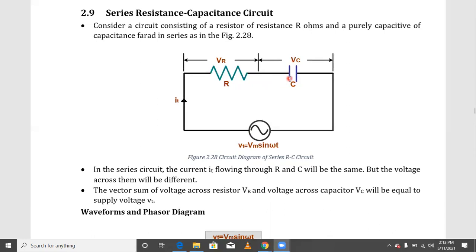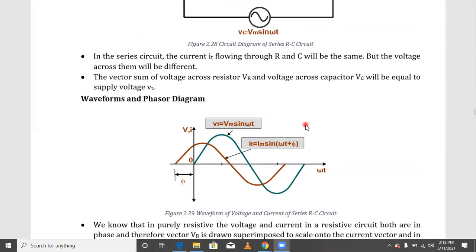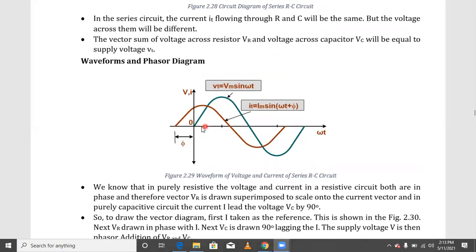Voltage lagging, so the voltage across the capacitor VC is different from the current. Let us assume, for example, this diagram. This is the supply voltage, V(t) equal to Vm sin omega t, and i(t) is equal to Im sin(omega t plus phi).